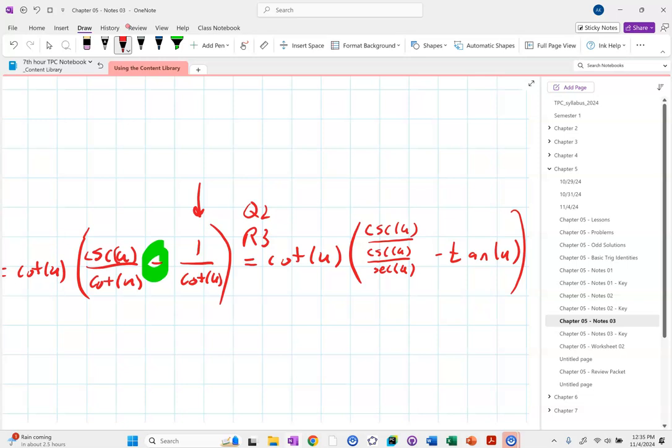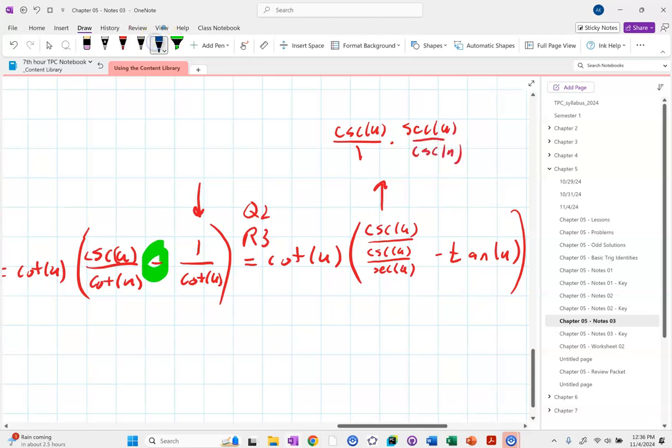So I can replace cotangent with cosecant over secant. And I'm going to do that same multiply by the reciprocal trick that we did before. So we're left with just the secant, and that's now everything I need.